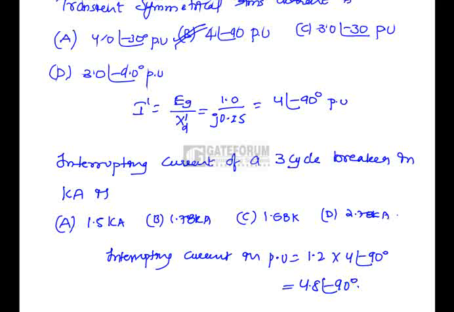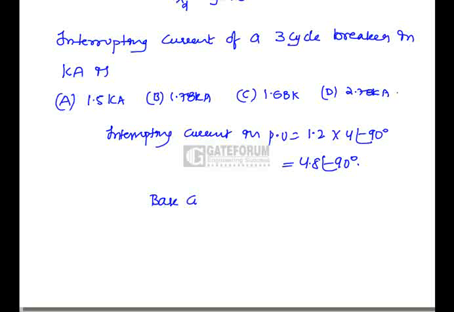Now what is base current here? Base current is equal to 20 MVA, that is 20 into 10 power 6, by 33 kilovolts, 33 into 10 power 3, since it is 3 phase, multiply with root 3. Base current you will get as 350 amperes.